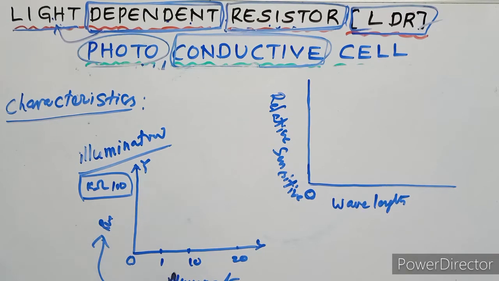On the x axis is illumination and on the y axis is resistance, in ohms, kilo ohms, 100 kilo ohms.